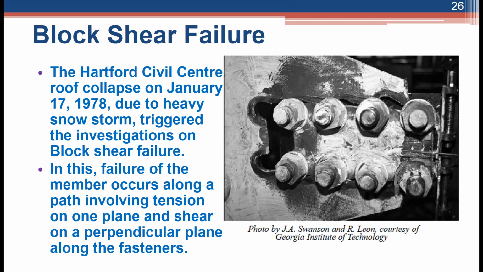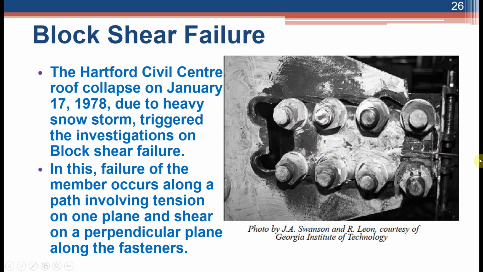Now let us observe block shear failure. Here the gusset plates and the bolted connections are these plates, and the section has failed along this path. Whenever forces act in this direction, these are tensile forces.